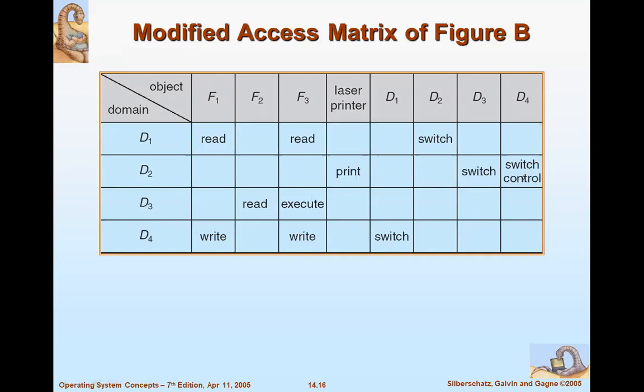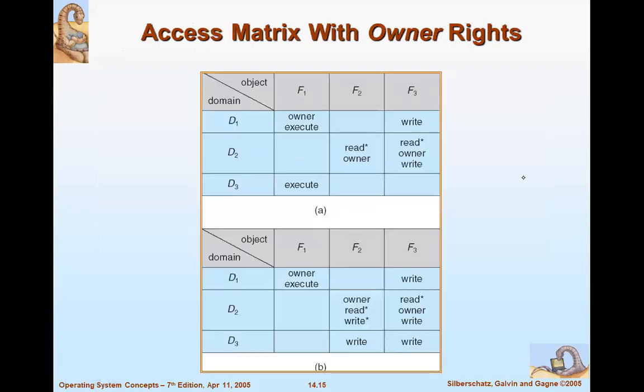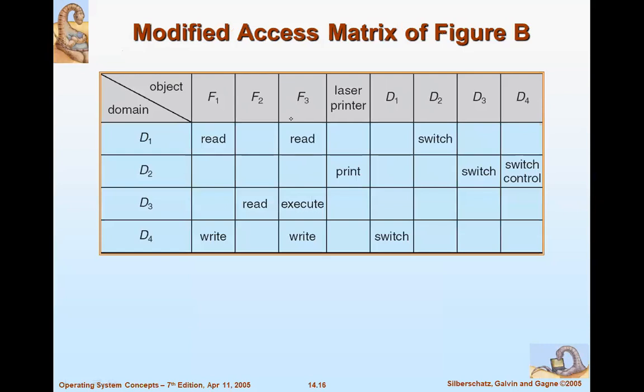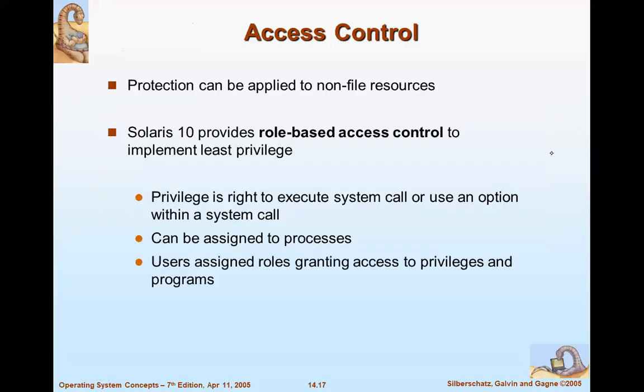As in the last slide, you can see it is mentioned read, honor write, honor read and write, honor execute. So this is related to the switch control. That is a kind of honor switch, that you are giving accessibility to user that they can perform the switching operation.